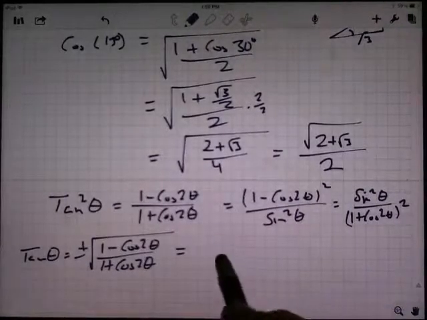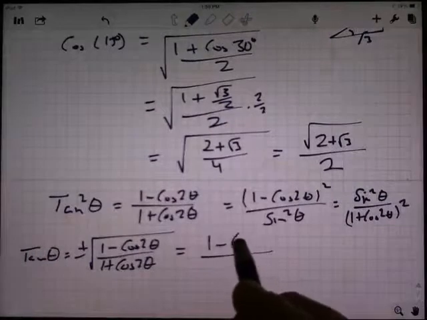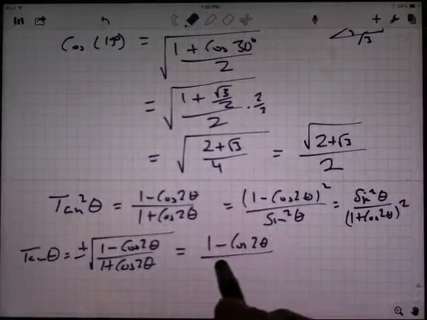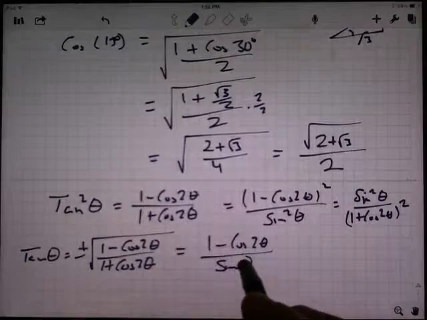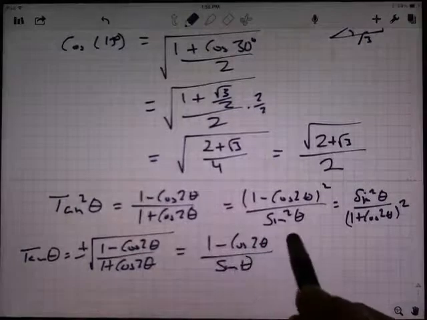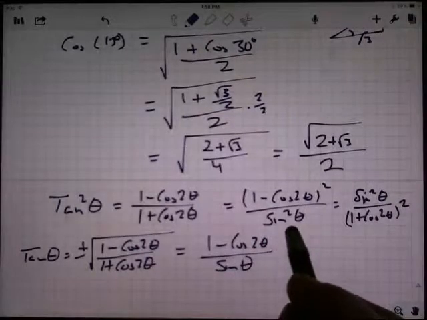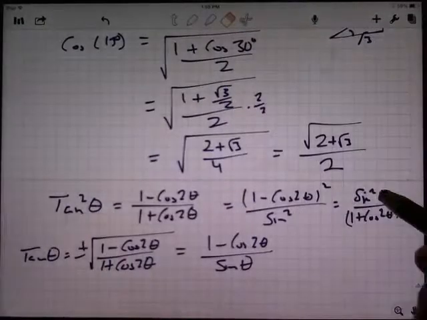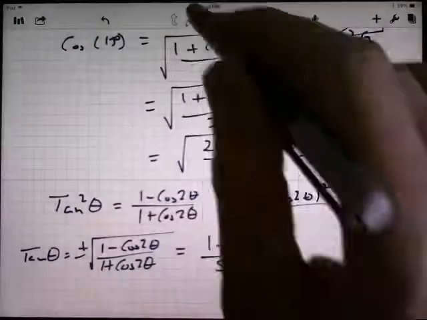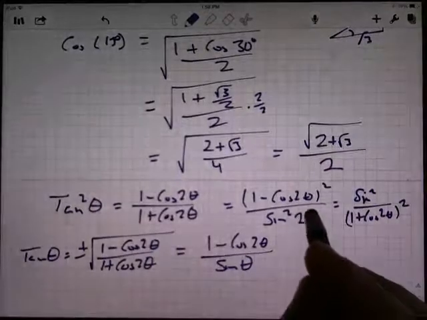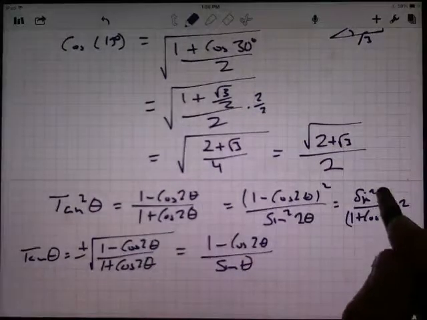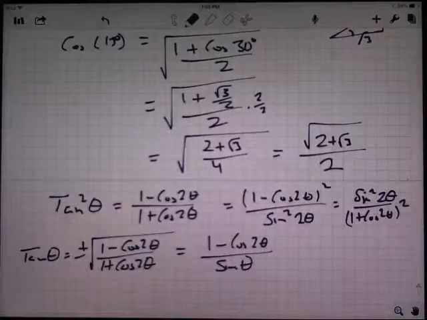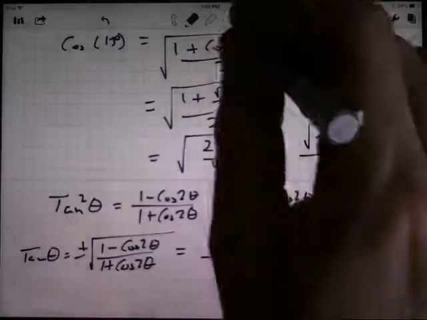So when I take the square root, I just get a 1 minus the cosine 2 theta on the top, and I get a sine theta on the bottom. Sorry, I get a sine of, I got to be a little more careful because these were both 2 thetas. I look back at what I had, these were 2 thetas. So this should be a 2 theta right here.